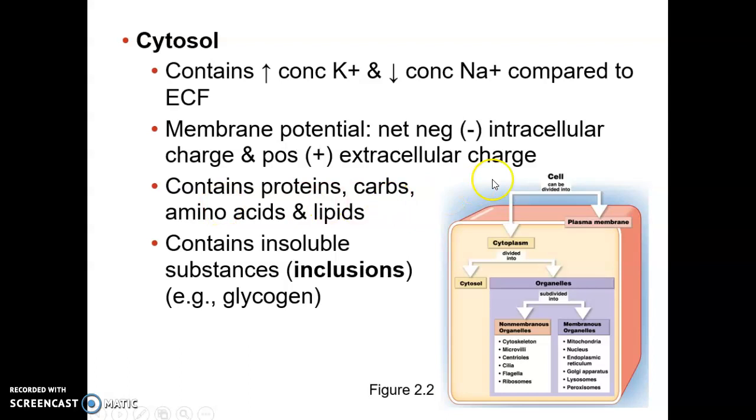So in your cells, if you have an excess of glucose, which is a small, simple sugar, they can be linked together to form large, complex carbohydrates, storage energy molecules like glycogen. In particular, your muscle and liver cells store ample amounts of glycogen under normal conditions. These types of insoluble substances that do not dissolve easily in liquid water are called inclusions.